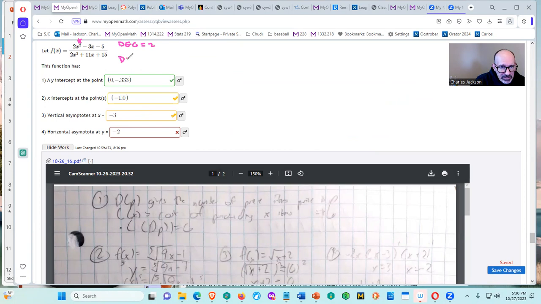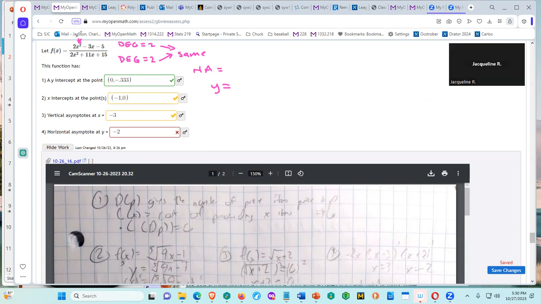And the degree of the bottom is also 2. These two things are the same. They're both 2. And if it's the same, then the horizontal asymptote is the line y equals the ratio of the leading coefficients, so then it'd be 1.